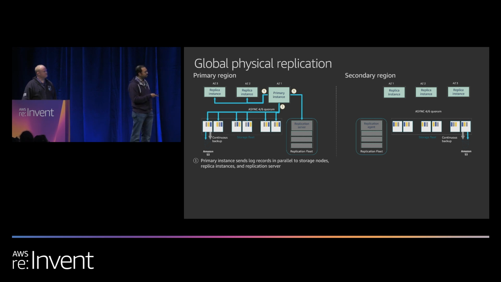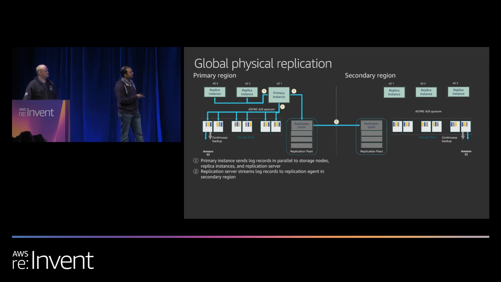The customer does not have to manage this part. It's the same fleet as the storage, but the function is replication. So the primary instance also sends copies of the log records to the replication server. And all these things happen in parallel. So the load on the primary instance is not that much, because this replication server behaves like yet another read replica.